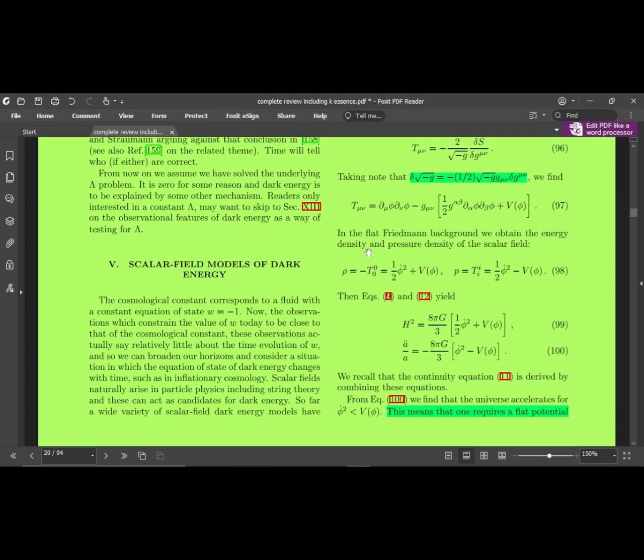These are mixed tensors: one index is contravariant and the other is covariant, and this component will give you minus rho. And from here you will say that rho is equal to half phi dot squared plus V of phi. And similarly, the spatial components T ii will give you the pressure.